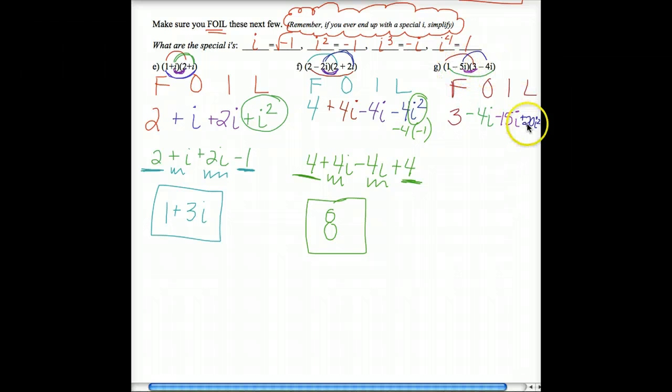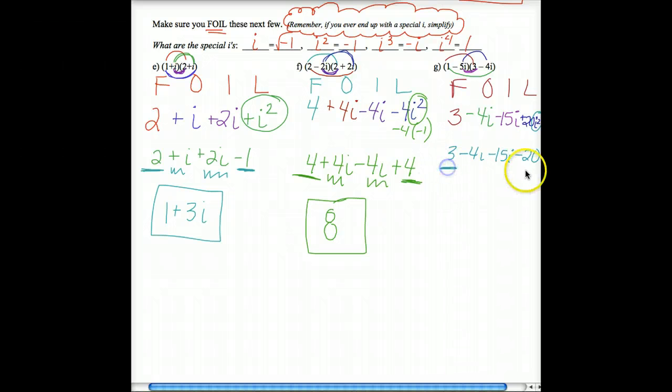Again, negative times a negative is a positive. That's why it's plus 20i squared. So next step is to simplify my special i's. So I've got an i squared right here. So since i squared is negative 1, 20 times negative 1 is negative 20. So I've got 3 minus 4i minus 15i minus 20.